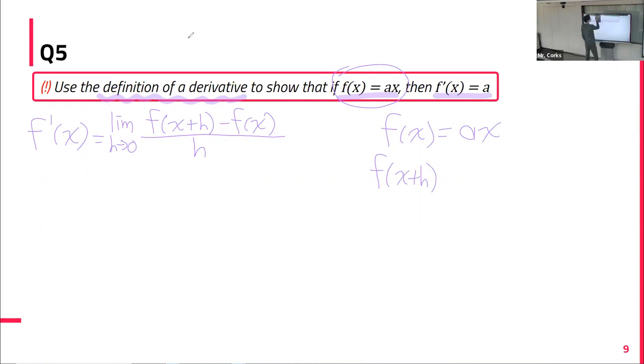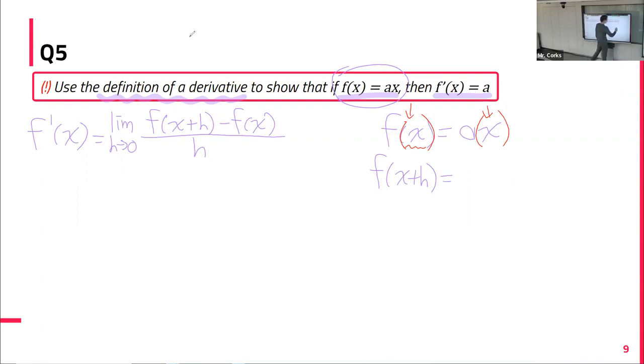For x plus h, the way function notation works is whatever is inside the brackets goes in place of whatever we've written as x. Whatever is inside here just goes inside here instead. Again, that's not derivatives, that's just the basics of function notation.